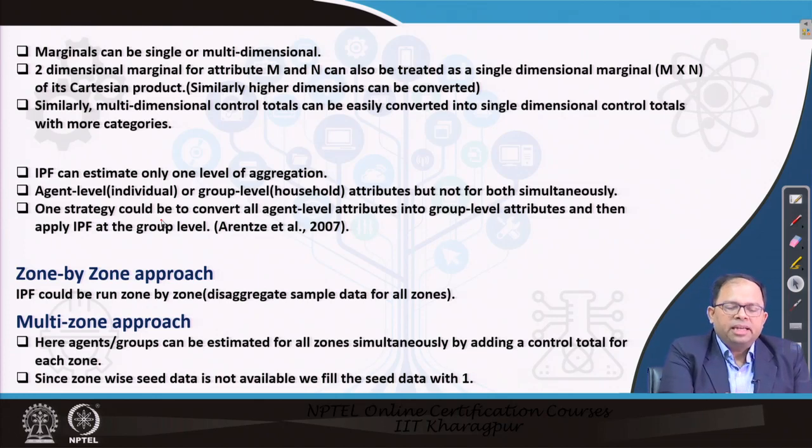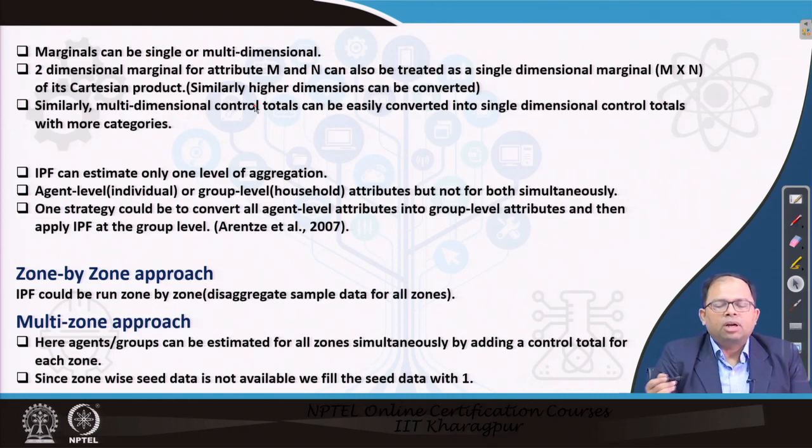Marginals could be single dimensional or multidimensional, and a 2-dimensional marginal for attributes m and n can also be treated as a single dimensional marginal, that is, m into n of Cartesian products. Similarly, higher dimensional marginals can also be converted. What it means is, if I have age group and car ownership, we can have a new group, like an individual with age group and car ownership.